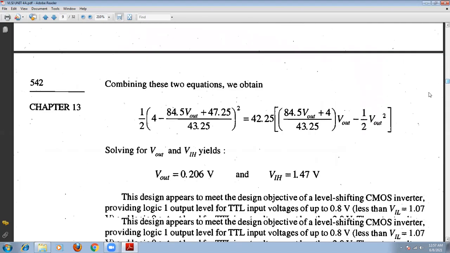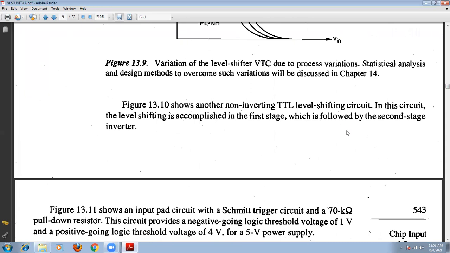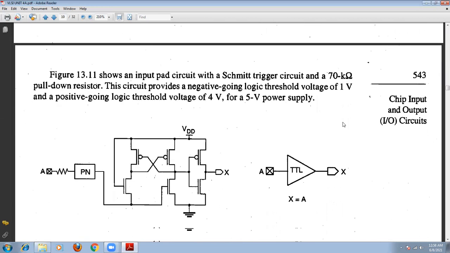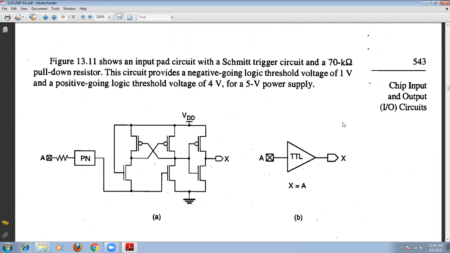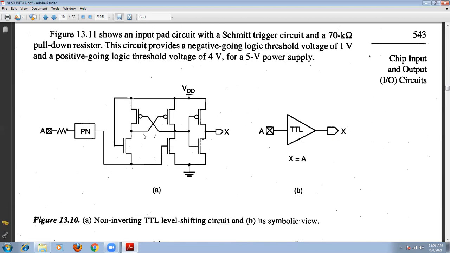Next, another method we are going to use is the non-inverting type of level shifting circuits. In this circuit, the level shifting is accomplished in the first stage, and then it is followed by the second stage. Just observe, this is another level shifting circuit.